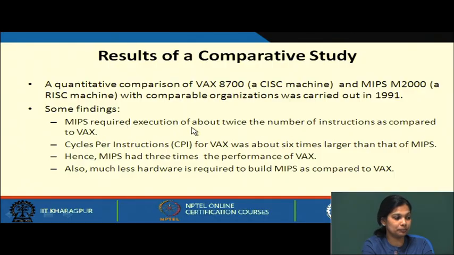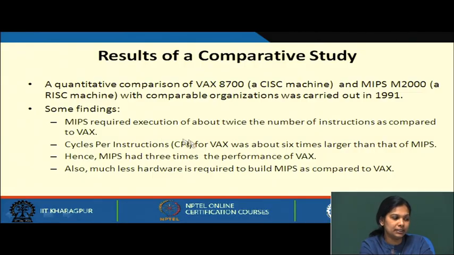That means the number of instructions required by the RISC machine is much more compared to CISC. As CISC has more complex instructions, it requires fewer instructions, but on the other hand, RISC uses very simple instructions, and more of them.